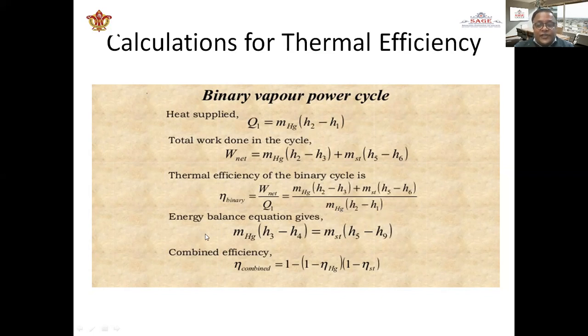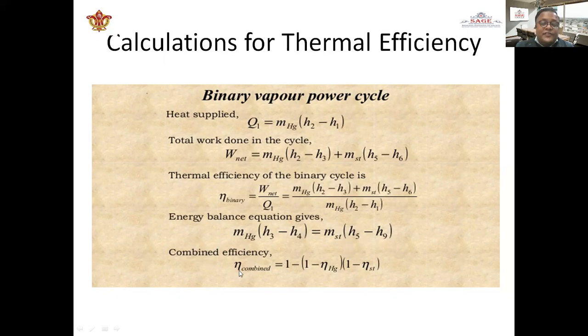The energy balance equation gives the heat exchange between the two fluids, the mercury vapor and the steam vapor. The heat difference is represented by the enthalpy difference (h3 minus h4) times the mass of mercury, which equals the mass of steam times (h5 minus h9), the enthalpy difference, or heat difference, on the steam vapor side.